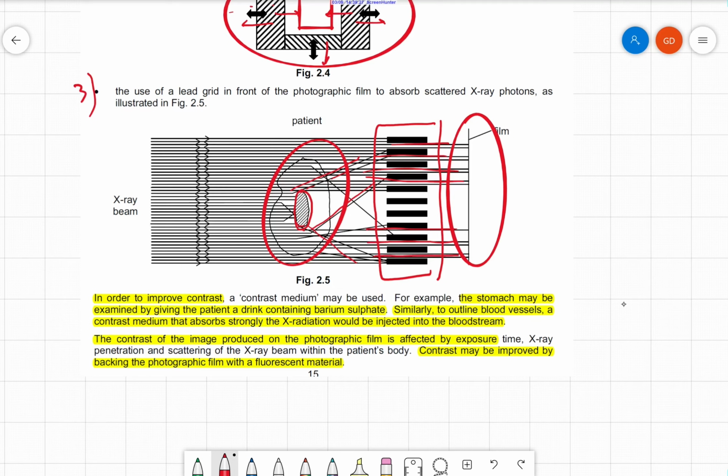Still, the contrast. How do we improve the contrast? So this part here is related to improvement of contrast.